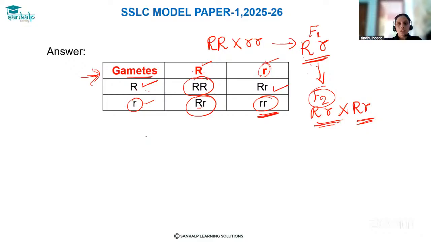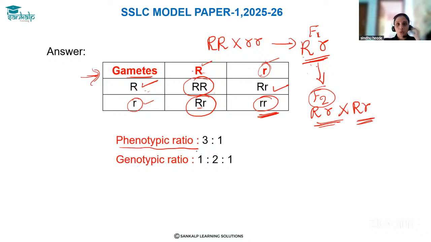So now you have to write the phenotypic and genotypic ratios. How to write the phenotypic ratio? It contains how many dominant and how many recessive come. So after forming the checkerboard, you have to see how many dominant and how many recessive there are, and write the ratio. So see here, 1, 2 and 3, all these three are the dominant, right?